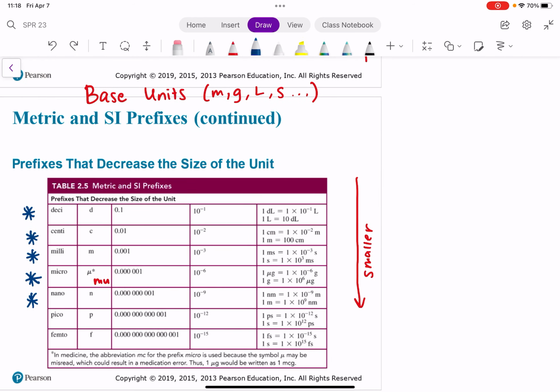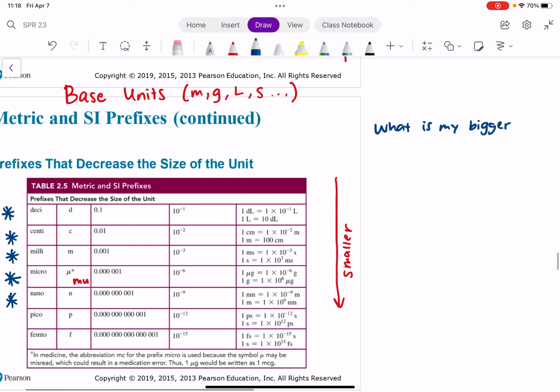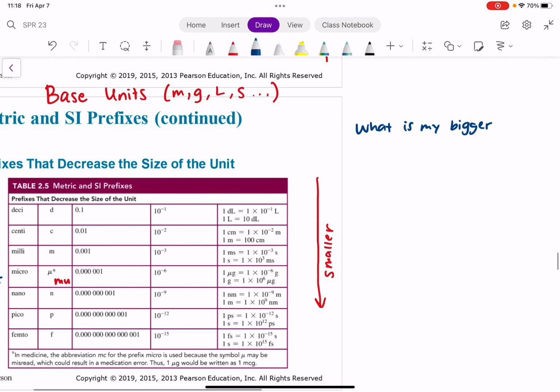So for milli, let's ask our question, what is my bigger unit? All right, so let's go milligrams or grams. Which one's my bigger unit? Yeah, this time, grams. My base unit is bigger.